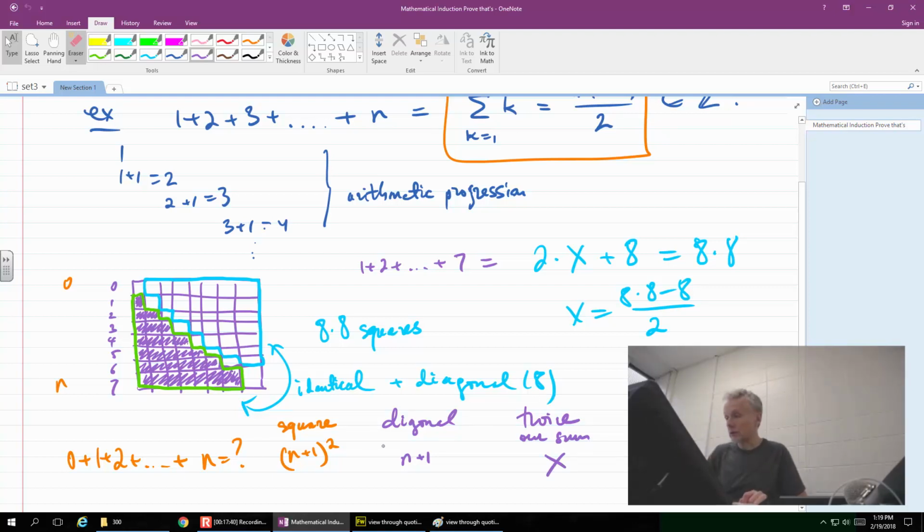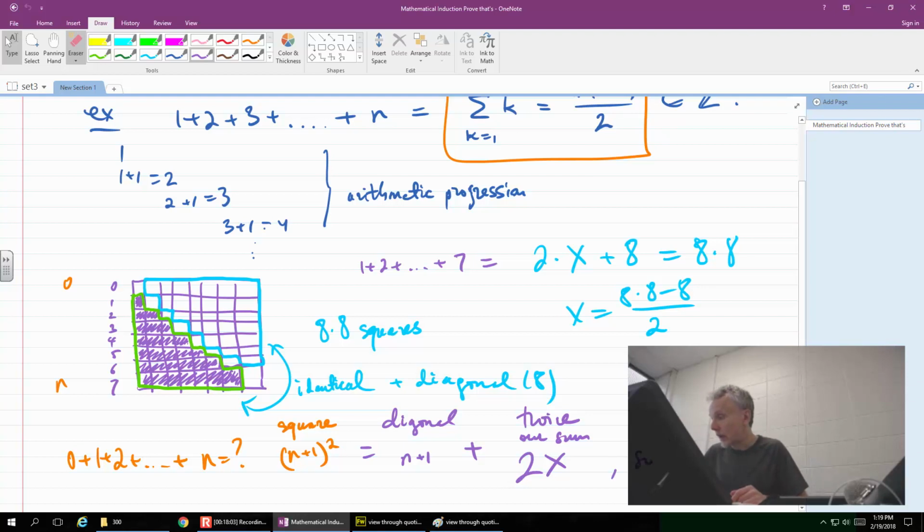So this is what we've got: 2x. The whole square is n plus 1 squared, the number of squares. The diagonal has exactly n plus 1 entries, and then the square is split into two triangles, each of which supposes x is what we're looking for.